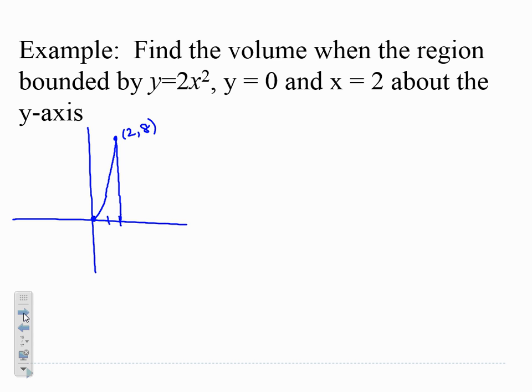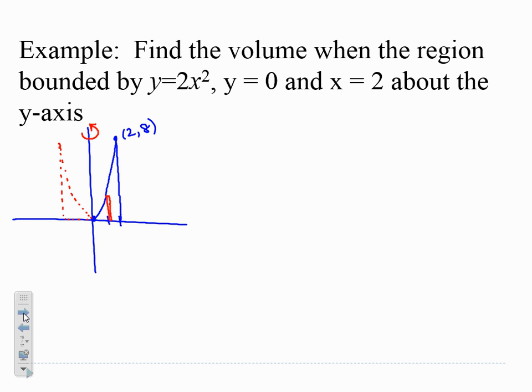Now, first of all, we are rotating about the y-axis. So we're getting something that looks like this. Let's just imagine if you tried to draw a vertical rectangle. Is that going to rotate around to make a disc or a washer?